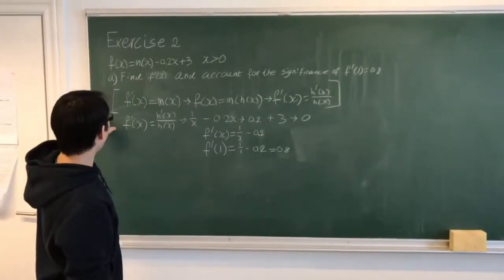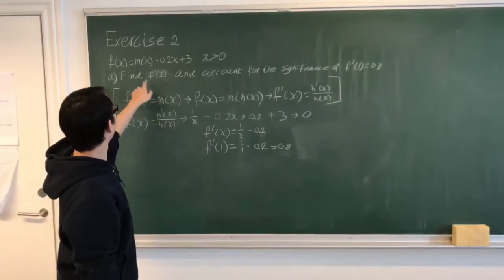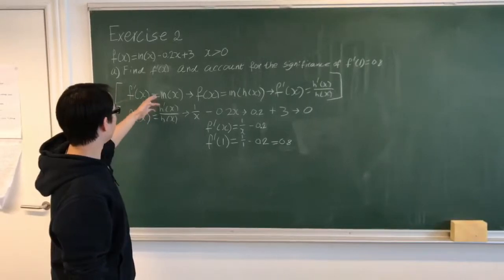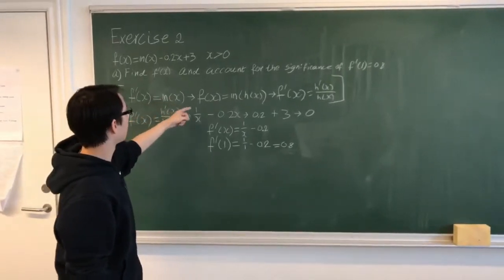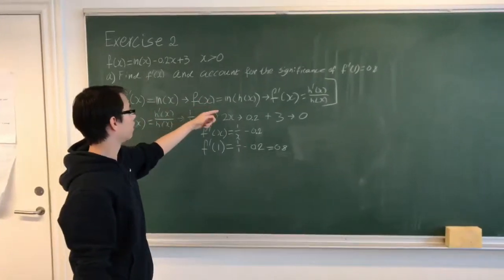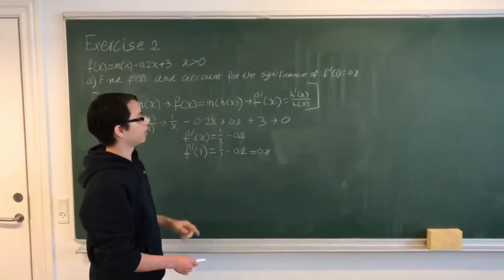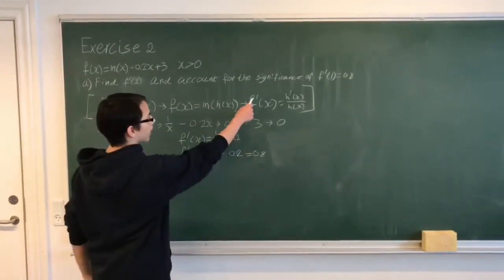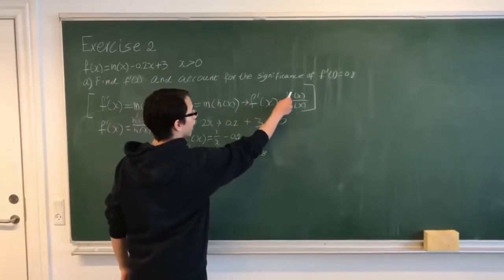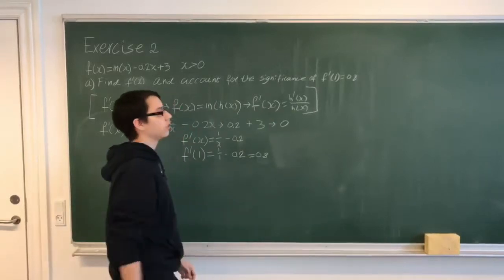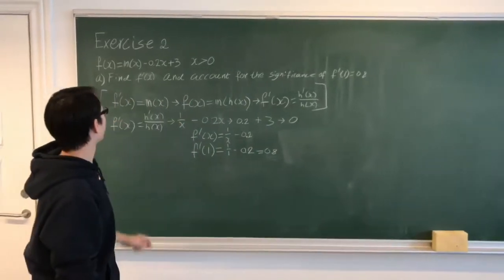To differentiate the natural log of x, we say f of x equals the natural log of h of x, which we can differentiate by saying f dash of x equals h dash of x over h of x. And this enables us to differentiate the natural log of x.